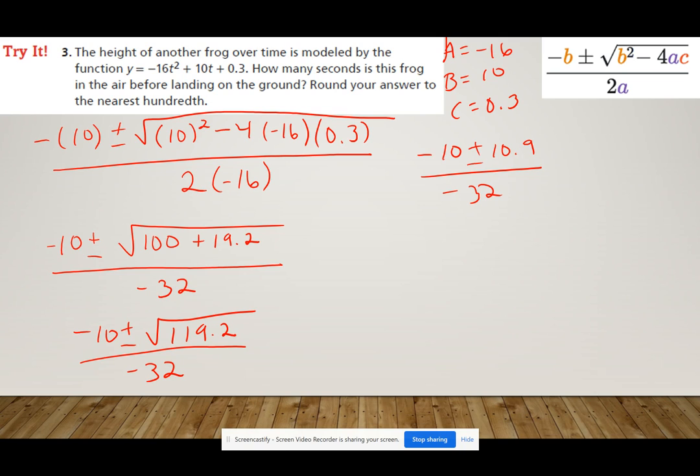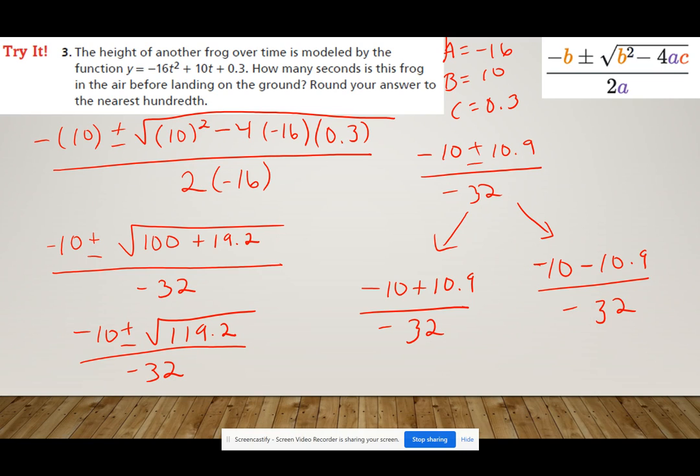Once I get to the point where I have 3 numbers, this is where you're going to split it into 2 separate equations. So negative 10 plus 10.9 divided by negative 32, and negative 10 minus 10.9 divided by negative 32. The only difference between these two is one has a positive on top, or an addition problem, and the other one has a subtraction problem.